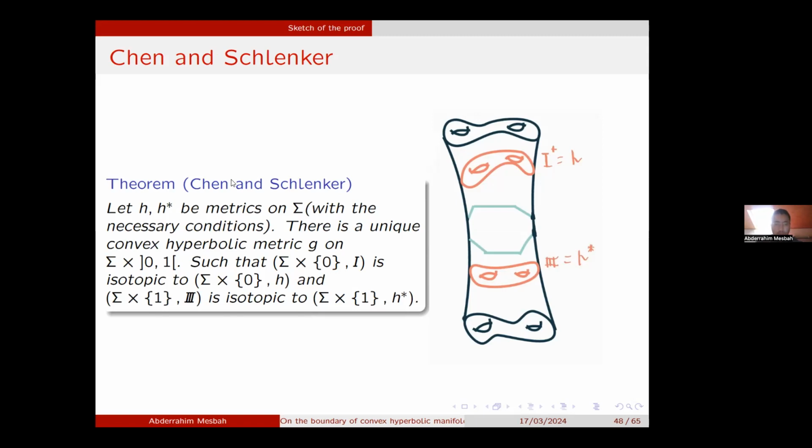Then the authors have shown that you can find a unique convex hyperbolic metric on sigma times (0,1) such that the induced metric on the upper boundary is H, and the third fundamental form on the lower boundary is H star.